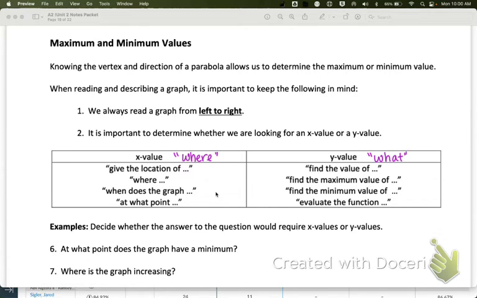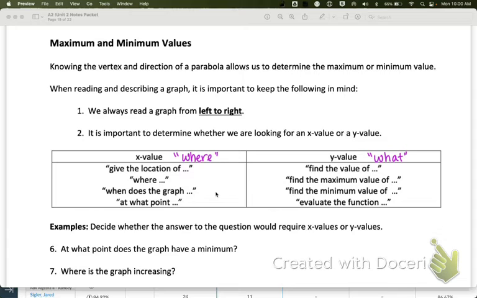Okay? And so here are some examples. If it asks you to give the location of the maximum or the x-intercept, where does the graph have a maximum? When does the graph increase? At what point does the graph do something? Those are all examples of where is something happening, and that would be asking you for an x value.